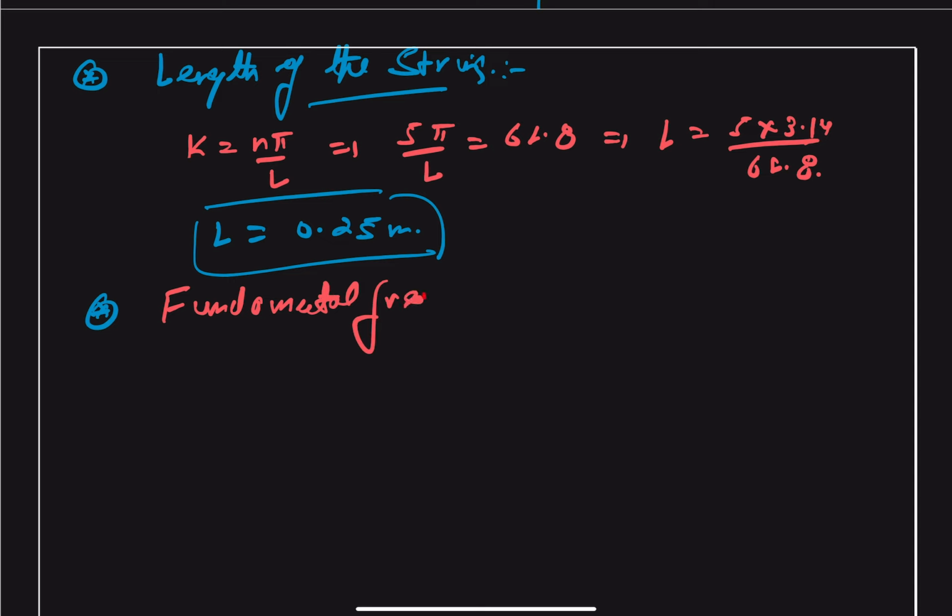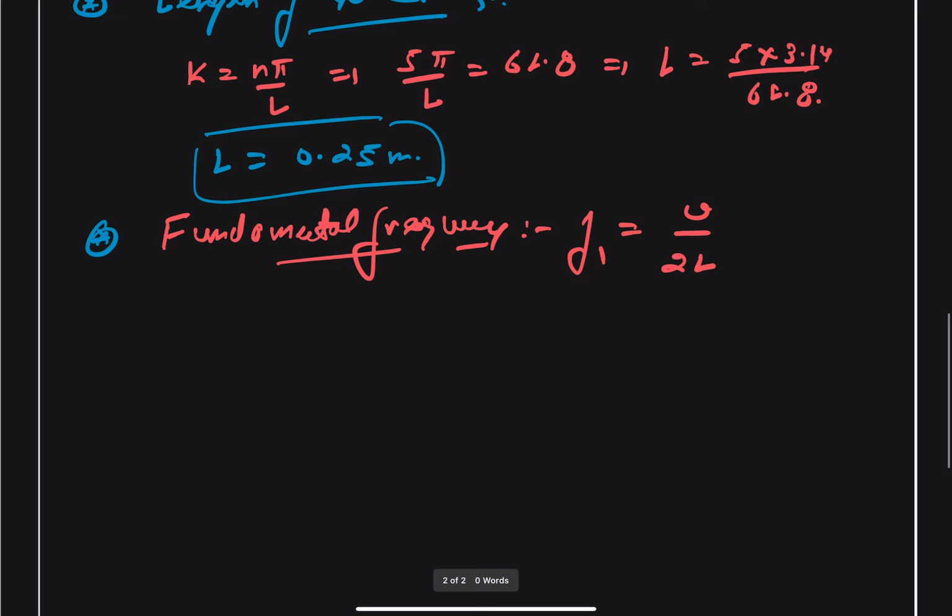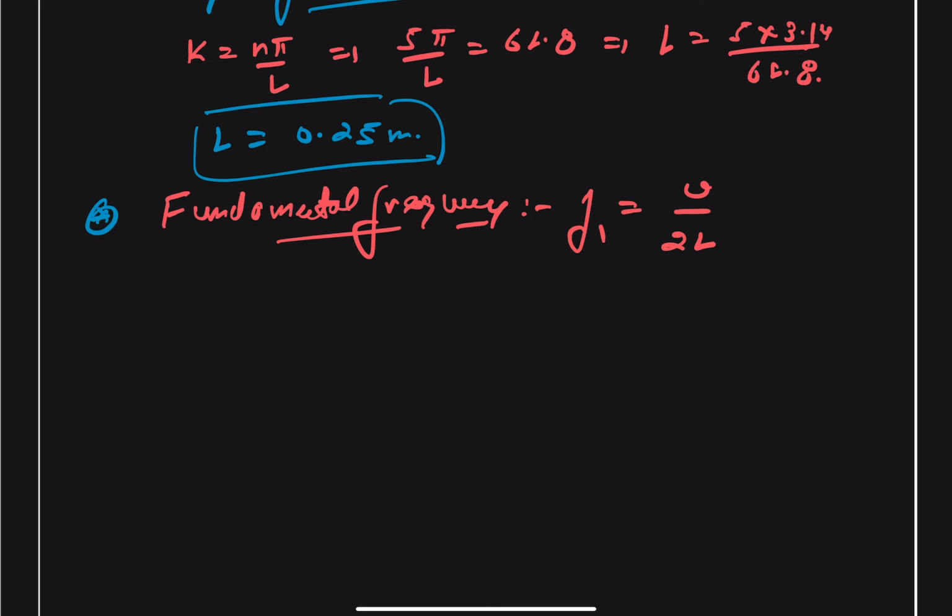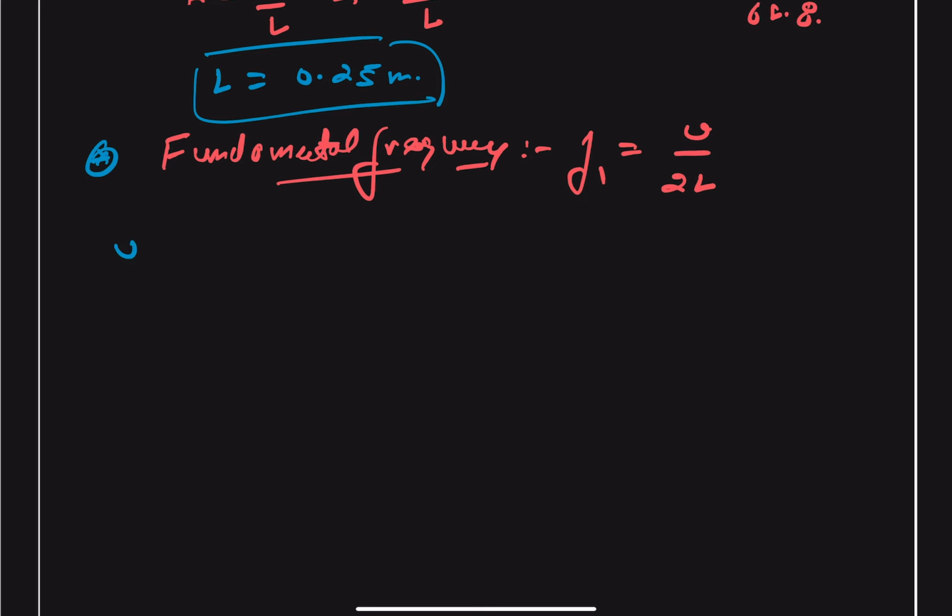Fundamental frequency. So we can say our F1 will be equal to V upon 2L, and our V is our wave speed, and our wave speed is equal to omega divided by k.